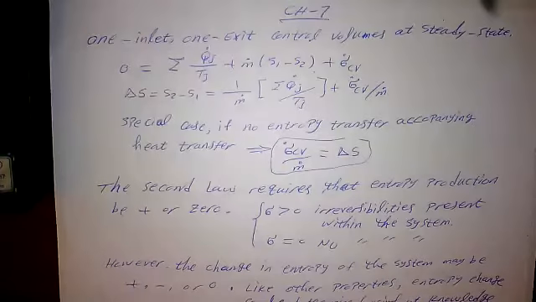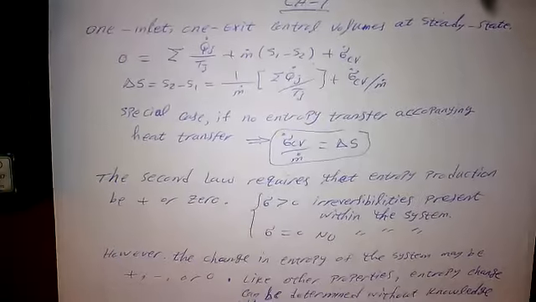A special case: if there is no entropy transfer accompanied by heat transfer, then this term goes to 0, and all we have is that the rate of entropy production is equal to the change in entropy, okay?